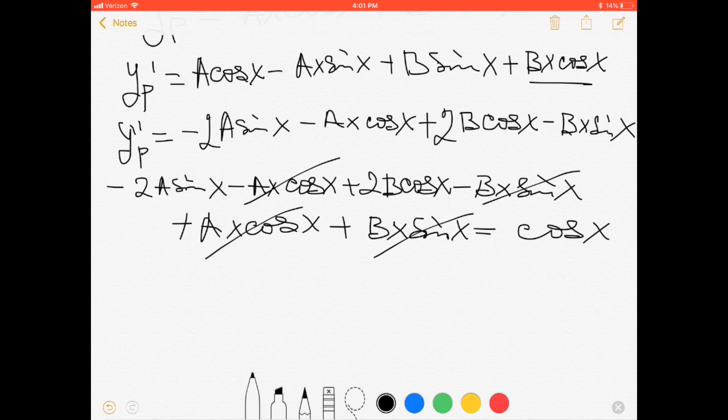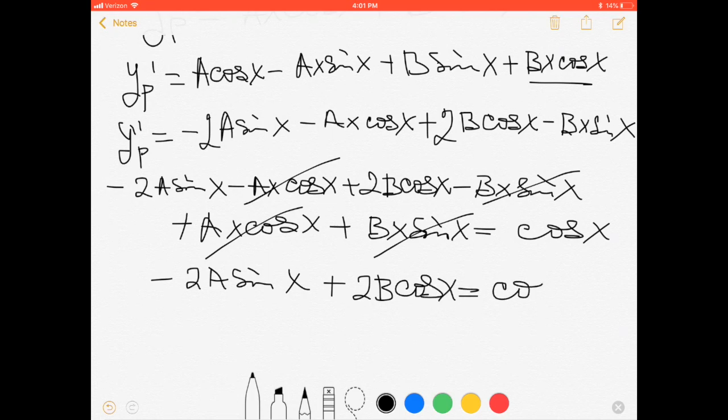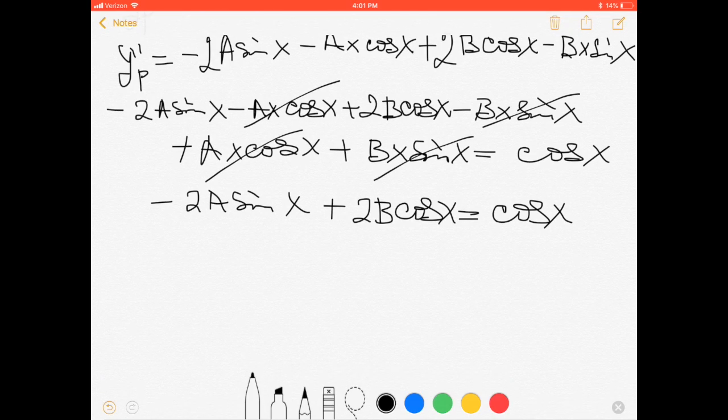I have minus 2a sine x plus 2b cosine x equal cosine x. This means a equals 0 and 2b equals 1, b equals 1/2.